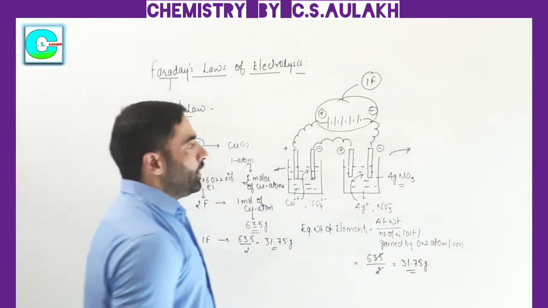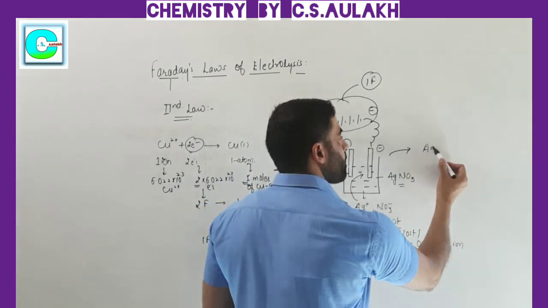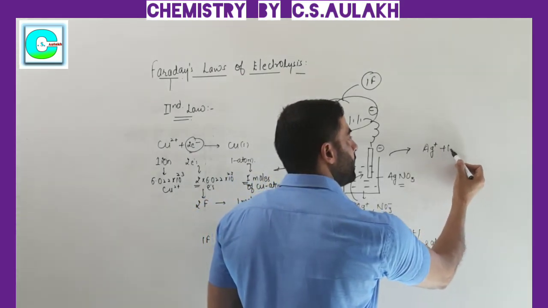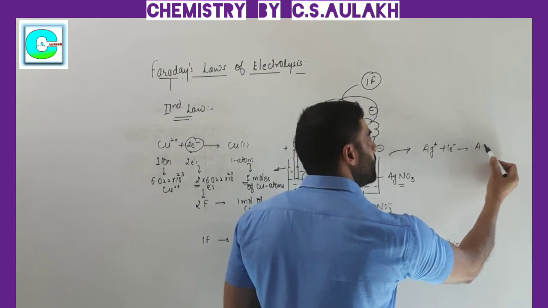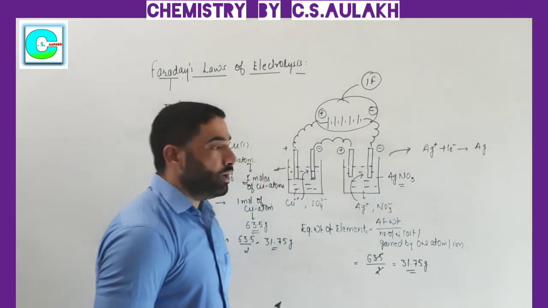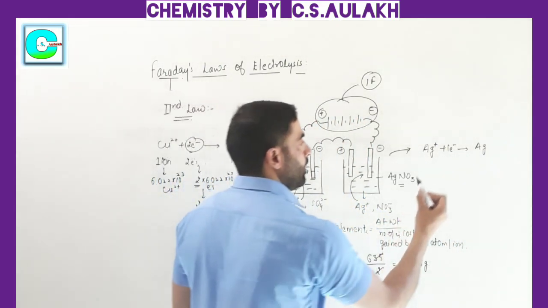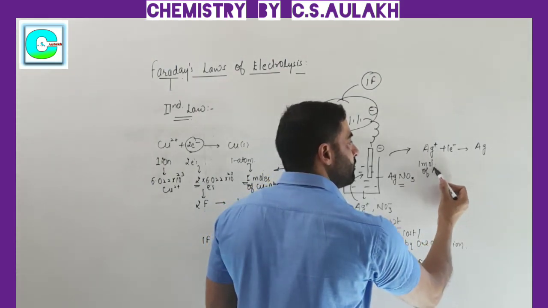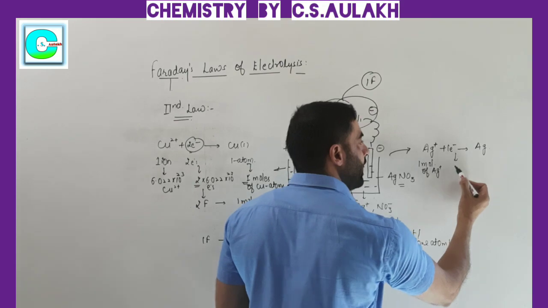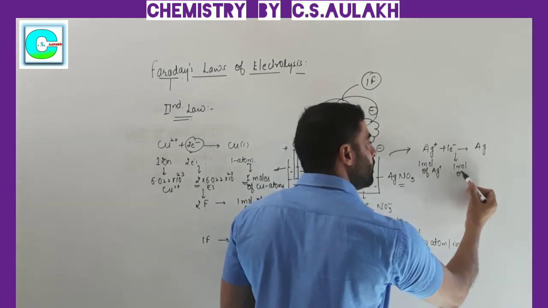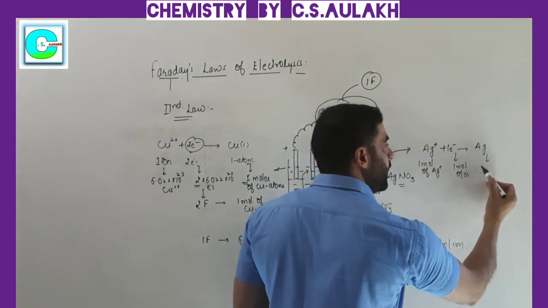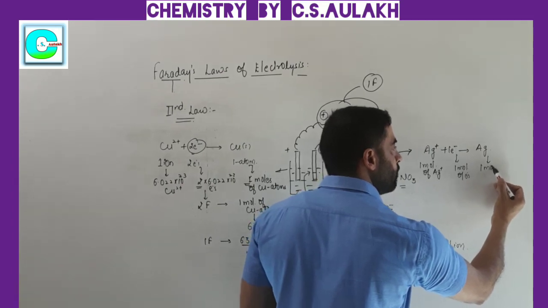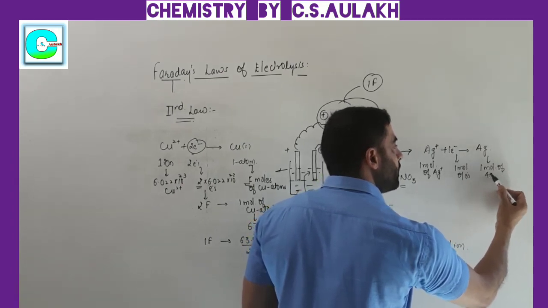here the silver ion will gain 1 electron to change into the silver atom. So if we have 1 mole of silver ions, they will gain 1 mole of electrons, and there will be the deposition of 1 mole of silver atoms.